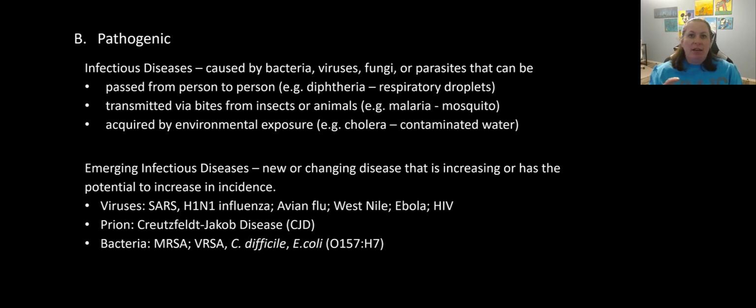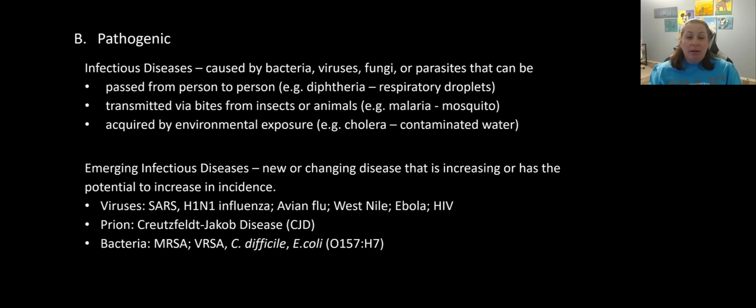So viruses include things like SARS, H1N1 influenza, avian flu, West Nile, Ebola, and HIV. Coronavirus would be part of this as well. Even though coronavirus is just a common cold, COVID is the coronavirus being mutated, and it's very different. We also have prions. Prions are proteins that can change, like Creutzfeldt-Jakob disease or CJD.